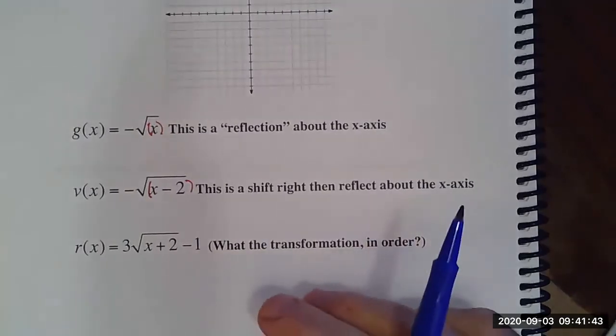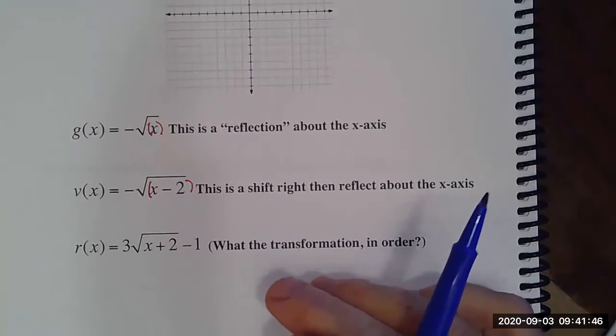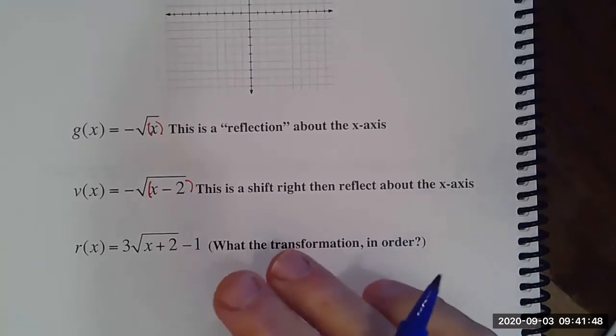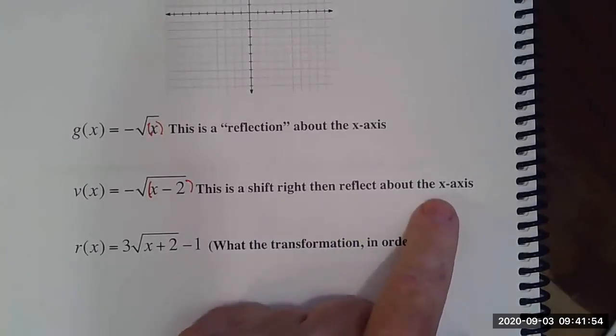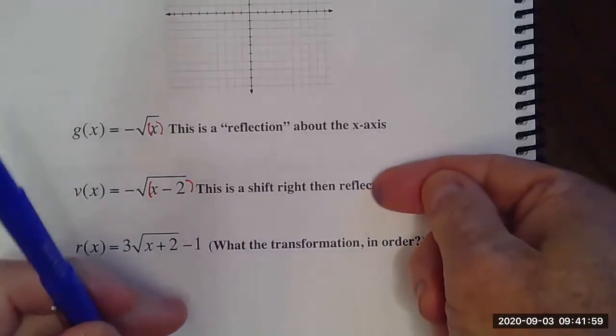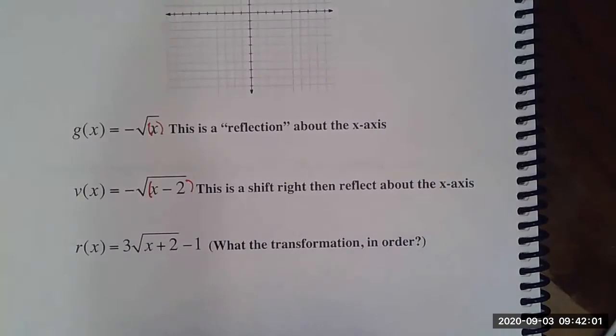There's a reflect about the x-axis and there's also another choice, but we're not going to be working those out. But I want you to make sure you know that there are two. You have to say x-axis. If you just say reflect, it's not good enough.